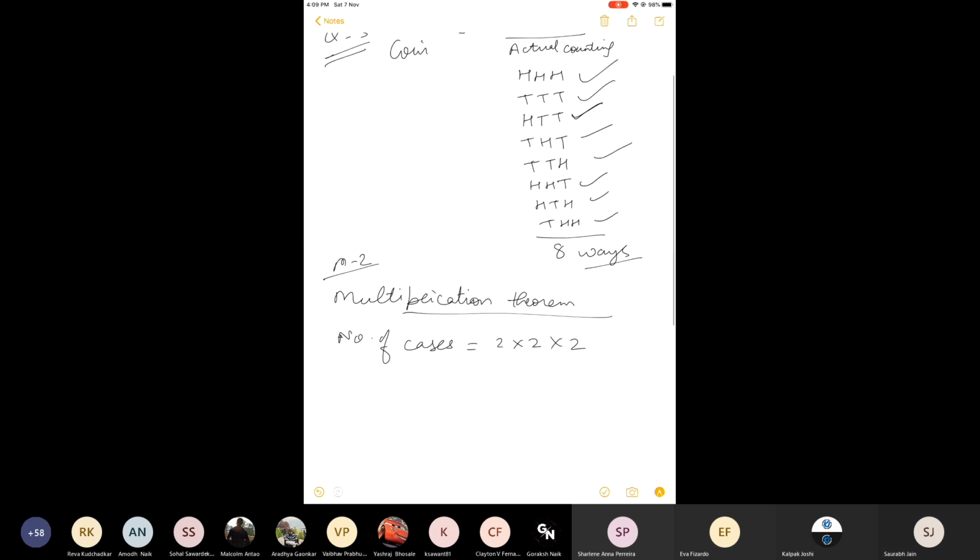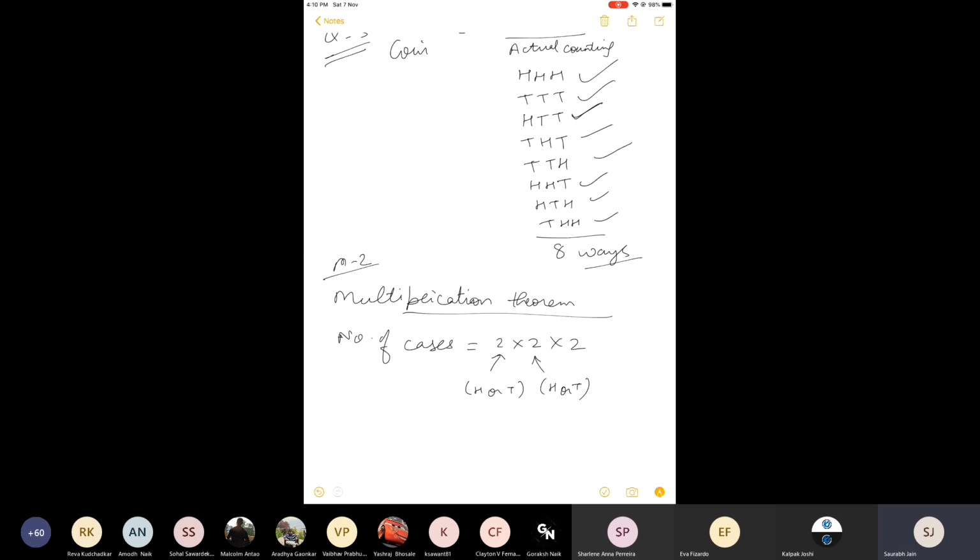Why? When you toss a coin for the first time, either head or tail can come. So there are 2 ways. And when you toss it again, 2 possible ways are there, head or tail. And the same is true for the third one. Any one of them can come. So by multiplication theorem, the number of cases will be 8.